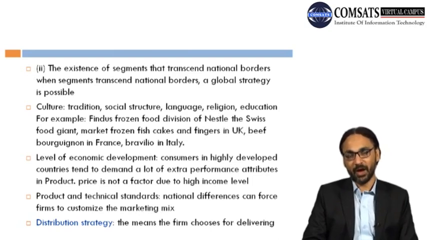But despite the same segmentation, the marketing strategy was not successful in Brazil. So this comes under the first point: despite the same market segments, firms have to choose marketing strategies differently across markets.